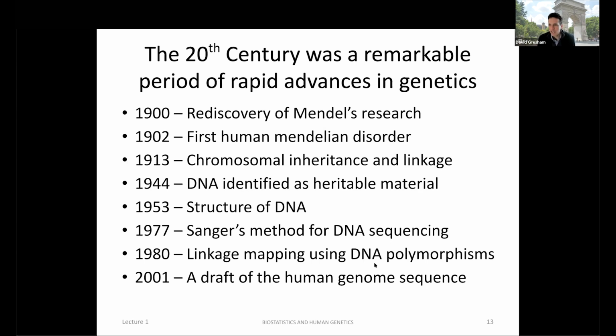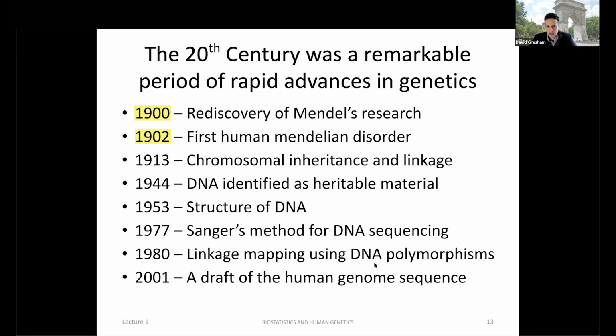it was really an amazing period of discovery for genetics. It was only in 1900 that Mendel's research was rediscovered, and so we'll learn about that. That just enabled rapid advances throughout the century. Quickly, within the first couple of years, the first human Mendelian disorder was identified.